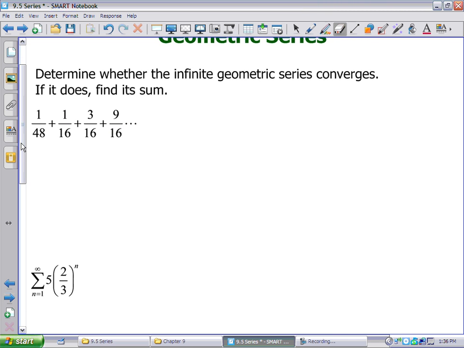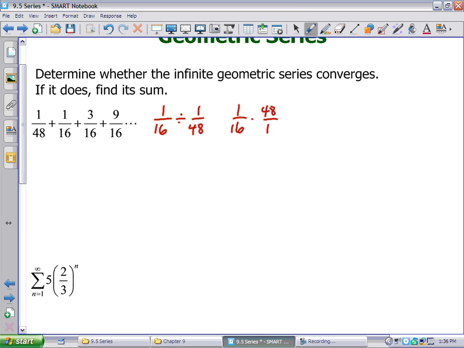So looking at the first one, if you take your following term, which is, we'll pick 1/16, you divide it by your previous term, which is 1/48, that's the same thing as 1/16 times the reciprocal, which is 48 over 1.